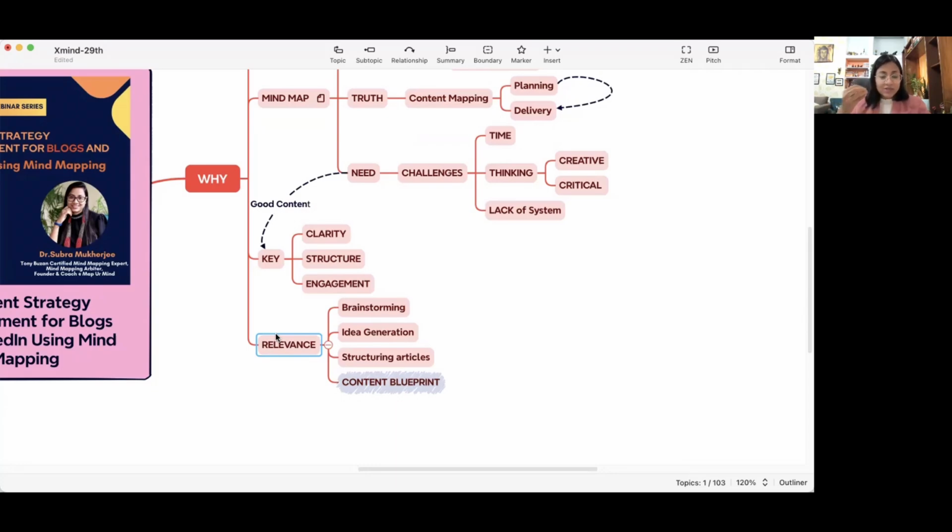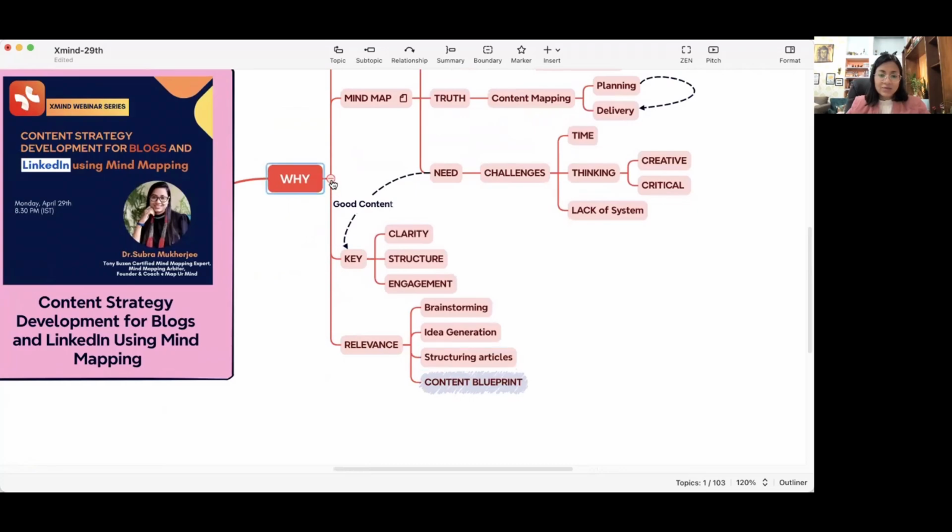So we know that any piece of content that you create, first it needs to be brainstormed. Yes, brainstorming is an important phase. Then you have to go for idea generation. Then you need to structure your article, blogs, even if it's a tweet or whatever, there needs to be some sort of structure, your signature structure maybe. And all of this together, when you have it, it creates a kind of content blueprint for you. So that is exactly why mind mapping is so relevant with content strategy development.